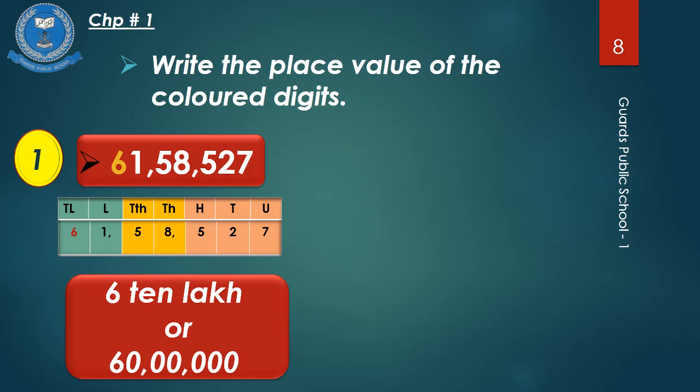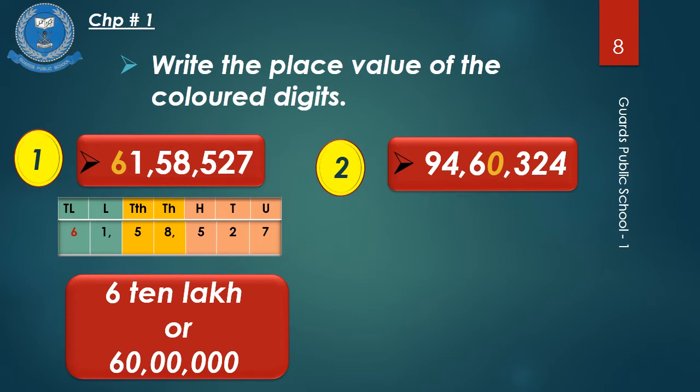Let's solve the second example. In this example, color digit is 0. As we have learned in our first two lectures that 0 itself has no value, but it has a place value.